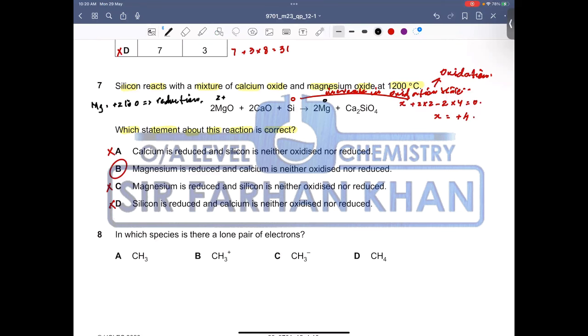Whereas calcium remains +2. Over here it is +2, over here it is also +2. So it is neither oxidized nor reduced. Which is why B is the correct answer.